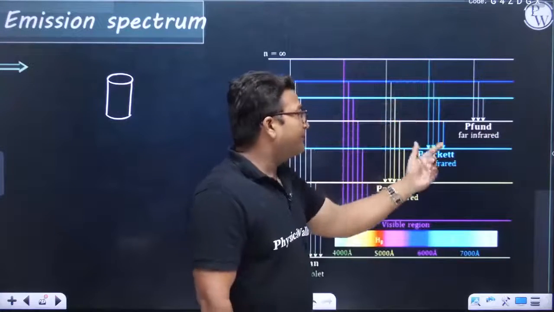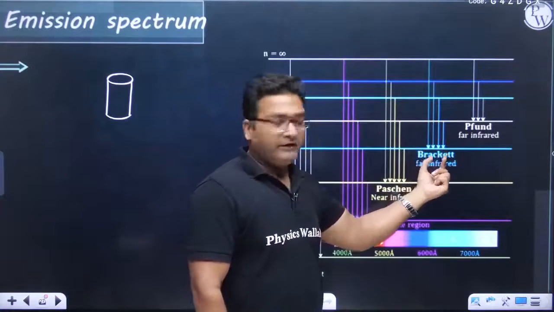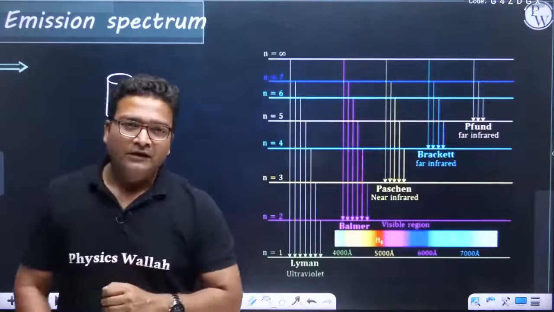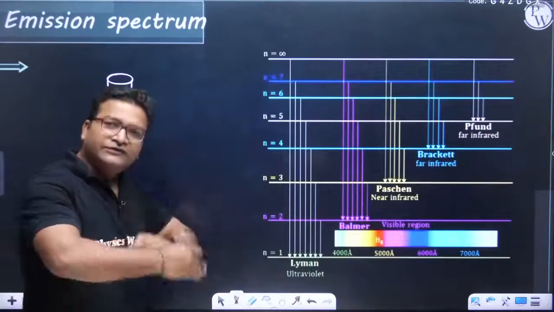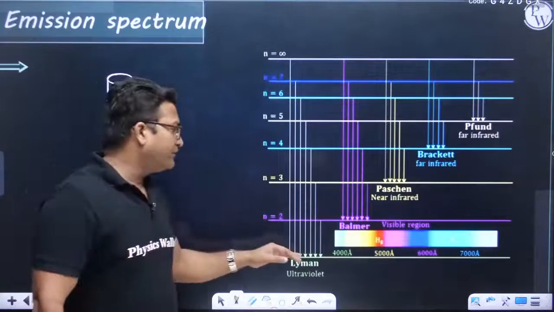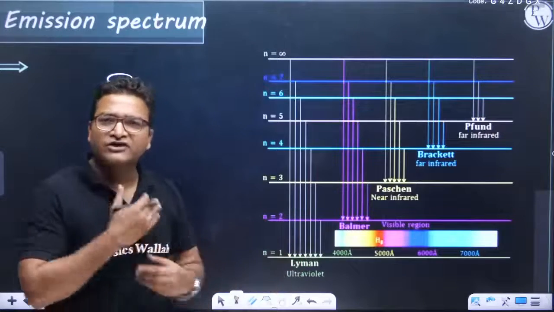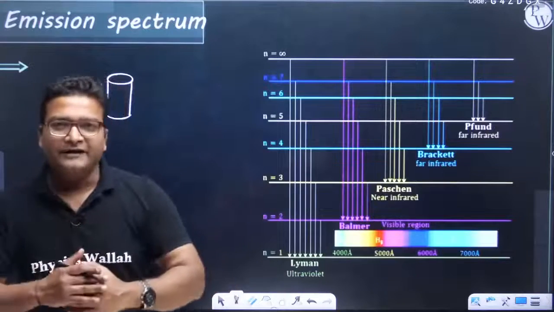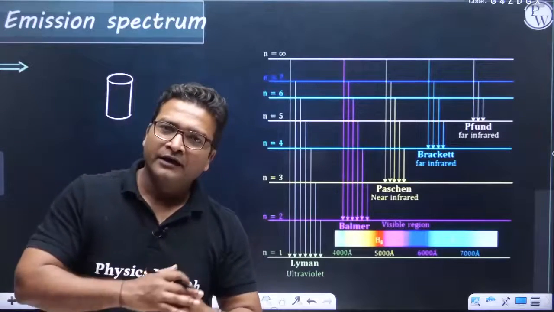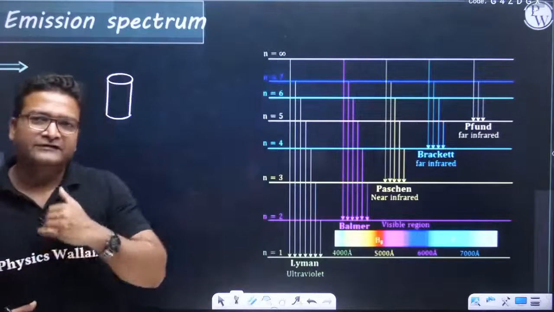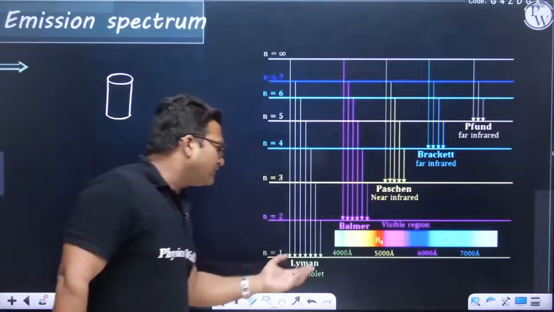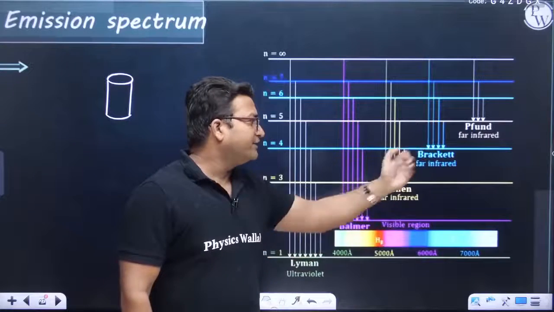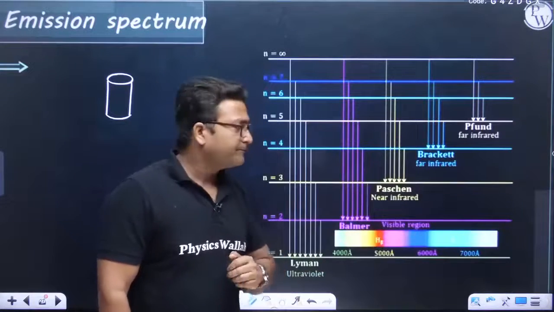If they jump to n equals 4, it is the Brackett series, and if they jump to n equals 5, it is the Pfund series. As absorption is only possible from the ground state, in the absorption spectrum we only had the Lyman series, but de-excitation or emission is possible to any state. So here we have lots of series: Lyman, Balmer, Paschen, Brackett and Pfund.